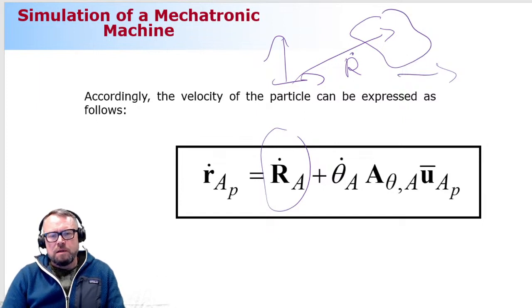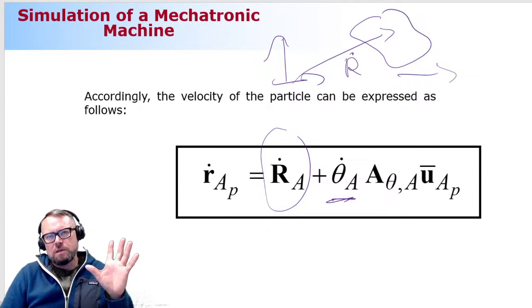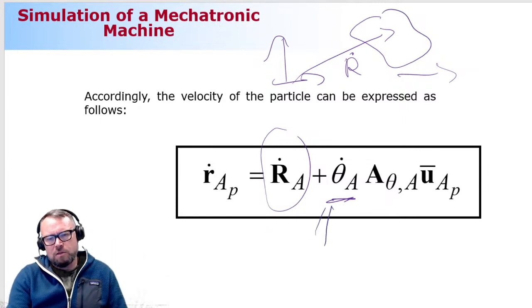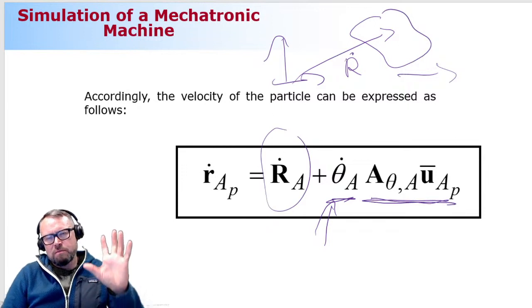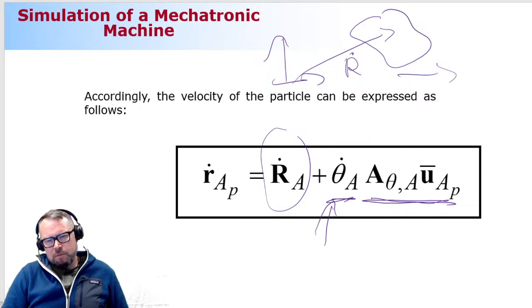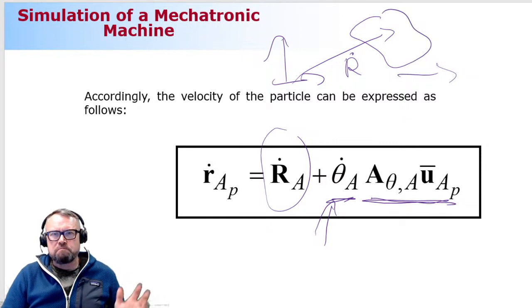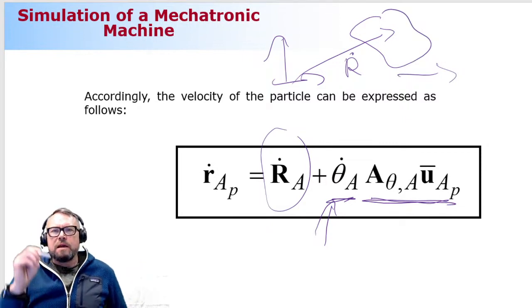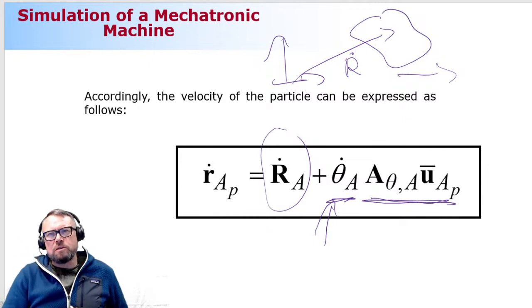Then I have a second component related to rotation. This one here is angular velocity, and this one here maps the matrix to be at a 90 degrees angle with respect to the original body reference coordinate system. That's the whole thing.